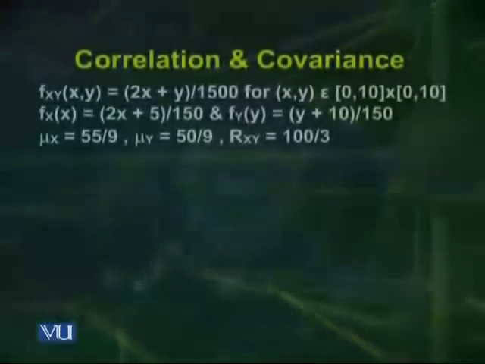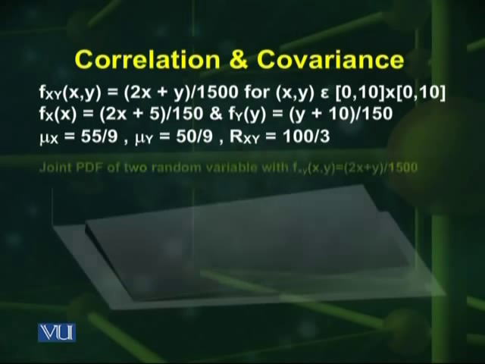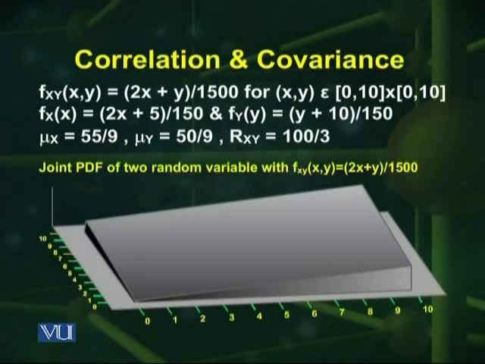We have already encountered this non-flat PDF in the previous lecture, so we are going to look at this again. If you see the slide on your screen, then you can see that the PDF for this case is (2x plus y) whole divided by 1500. This is the PDF which is defined over this 10 by 10 region, and this captures the behavior of these two random variables x and y.